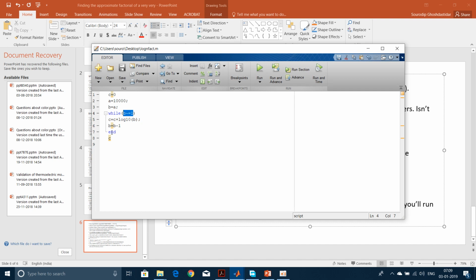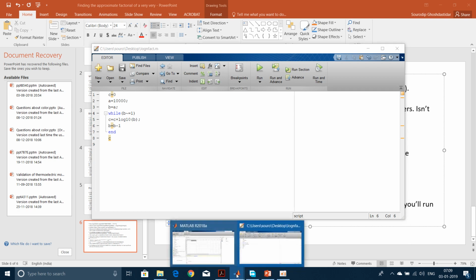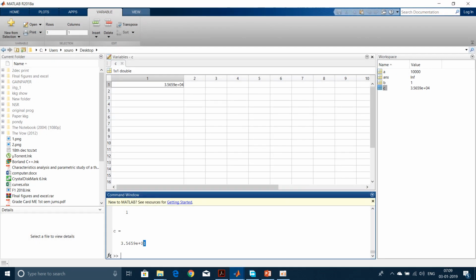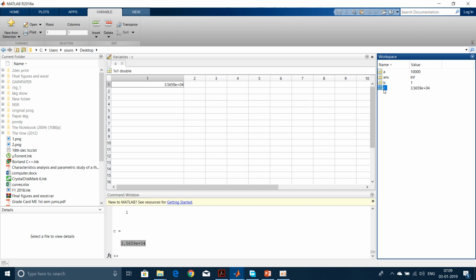So it just calculates the logarithm of 10,000 factorial. So let's run this, and the answer we get is c is equal to 3.5659 into 10 to the power of 4.